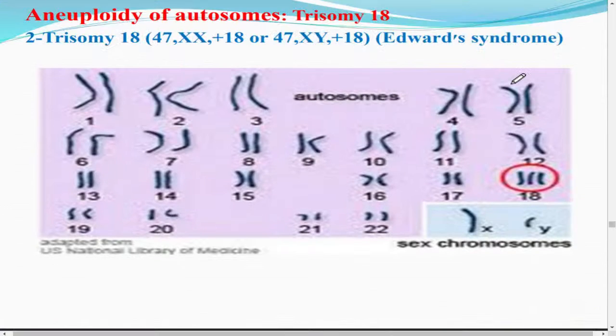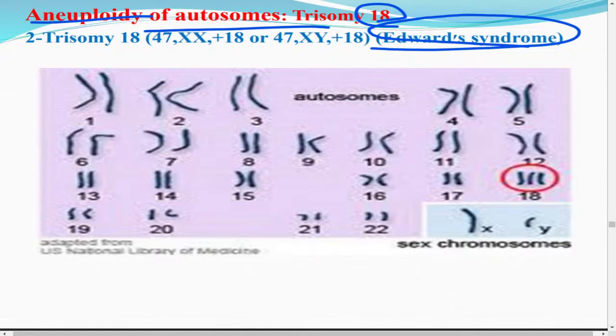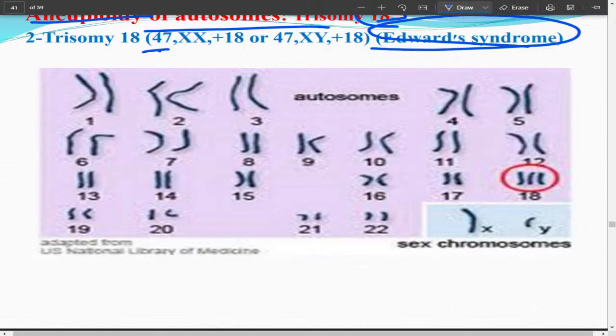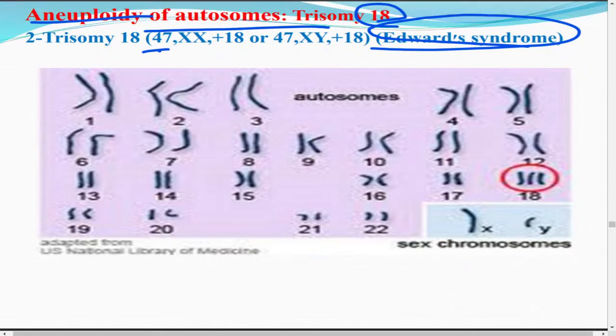The aneuploidy of autosomes, trisomy 18, which is also called Edwards syndrome. The patient will have 47 chromosomes, 23 pairs plus 1 chromosome, male, plus 18.